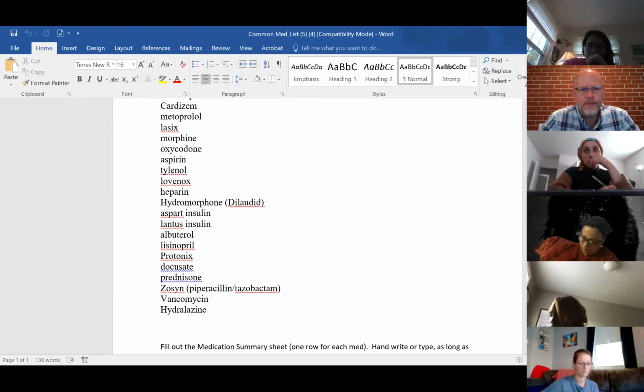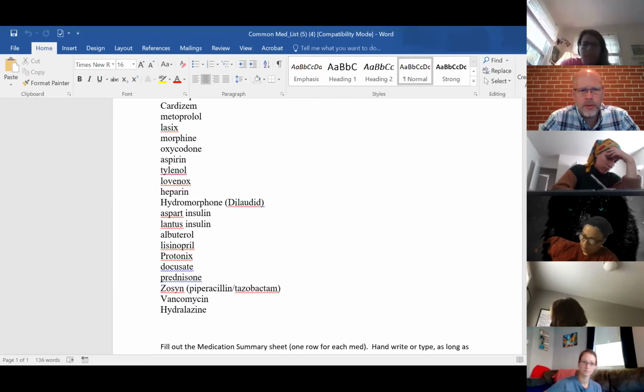Okay. So we've got morphine, strong painkiller, can give it orally, can give it IV. Oxycodone, also a narcotic pain reliever. This is an oral tablet that we give. Oftentimes, oxycodone can be combined with Tylenol. Probably heard that called Percocet before.